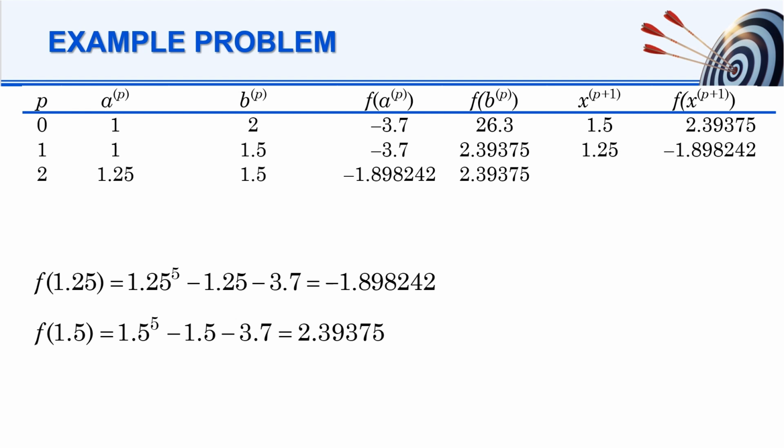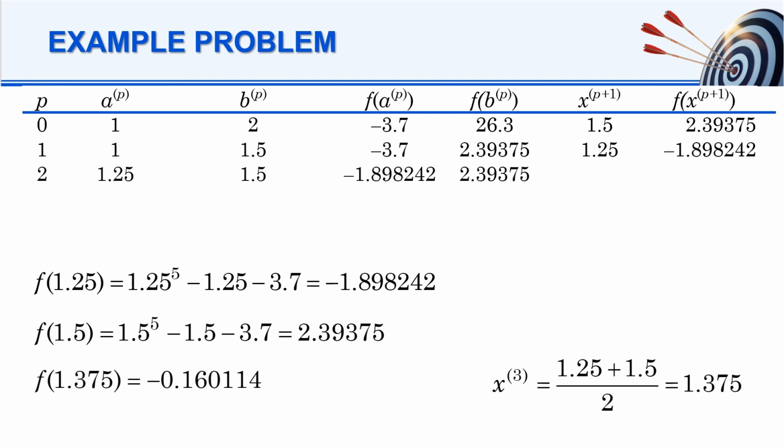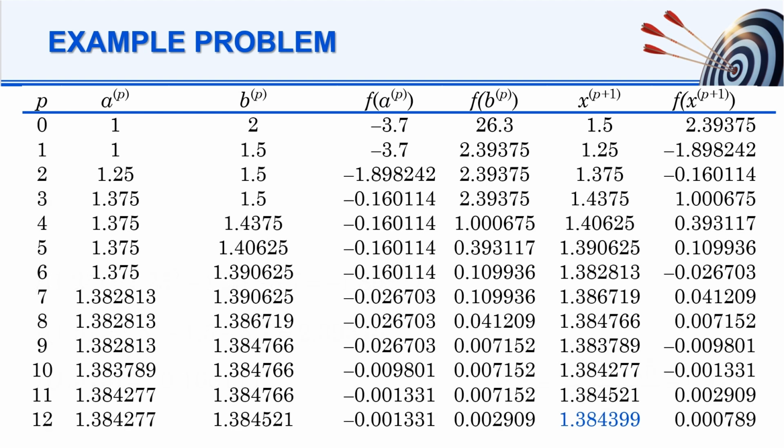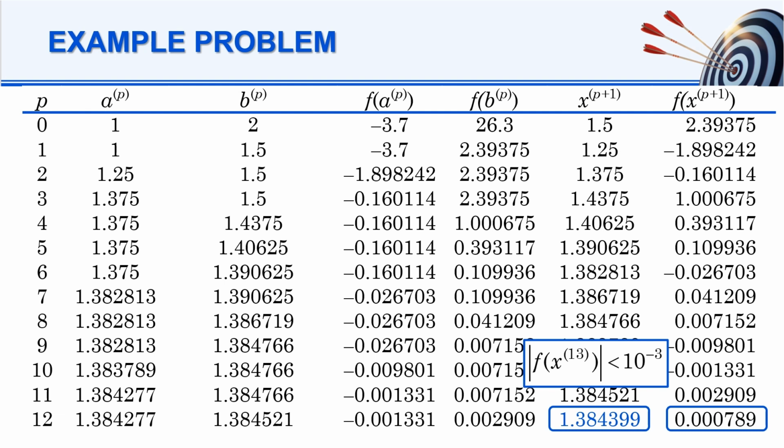The midpoint is calculated to be 1.375, and the function takes the value of minus 0.160114. When this procedure is continued, the root converges to 1.384399 after 12 bisections, with the convergence criterion based on the approach of the function value to 0.